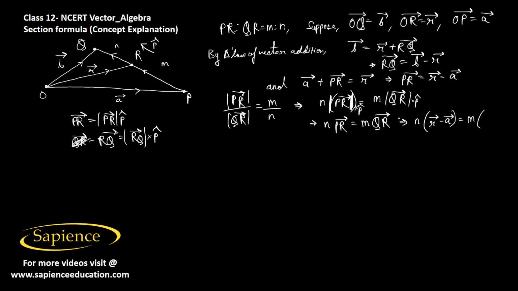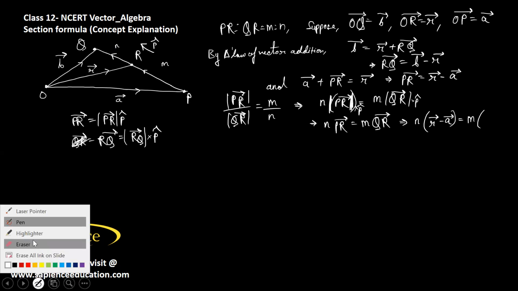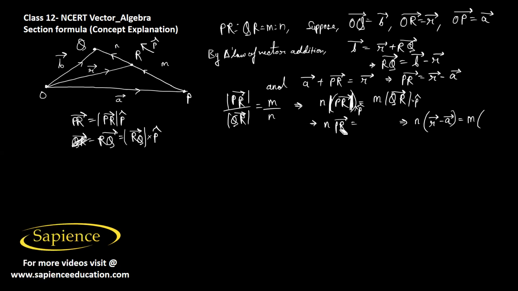Sorry, M into RQ vector, this will be B minus R. So therefore we can say that N into R vector minus N into A vector is equal to M into B vector minus M into R vector.